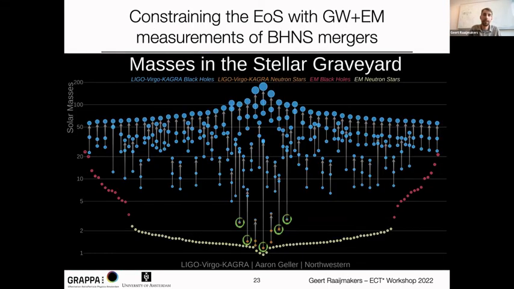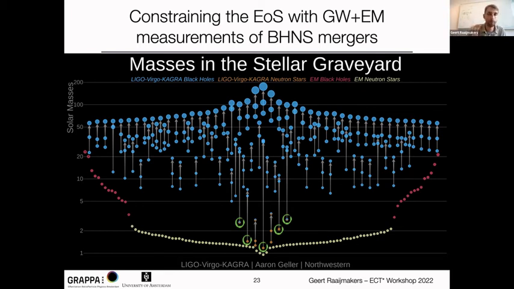And then I'll slightly change topics a little bit now. So one thing that we've also investigated here is what we can actually learn from black hole neutron star mergers, not just in terms of the equation of state, but also just in terms of the binary parameters of these black hole neutron star mergers.